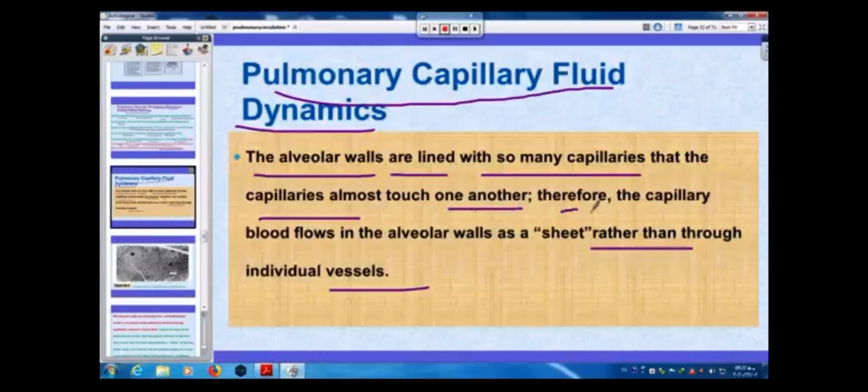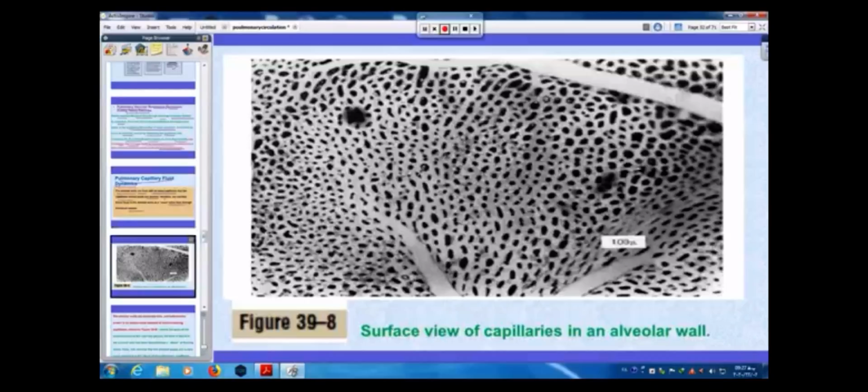The capillaries almost touch one another and are connected together, and here you can see this.